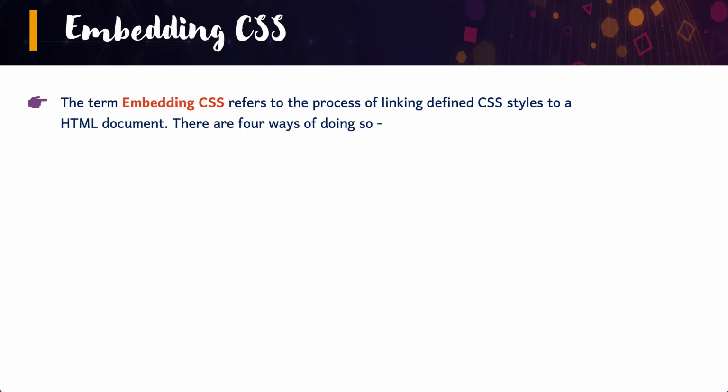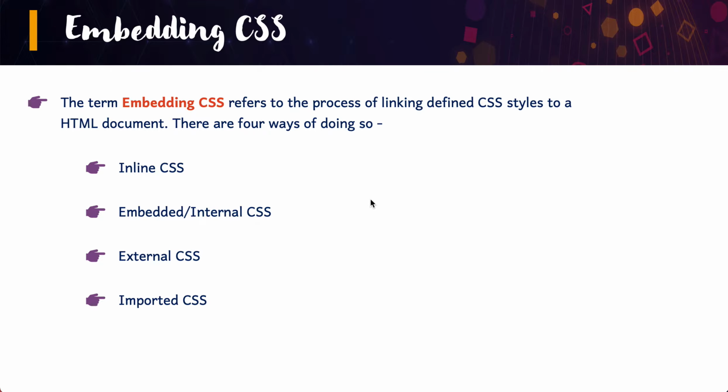So there are four ways of doing it: inline CSS, embedded or internal CSS, external CSS, and lastly imported CSS. These are four different ways of linking CSS defined style to HTML so that it can be used. Let's learn about each of them.